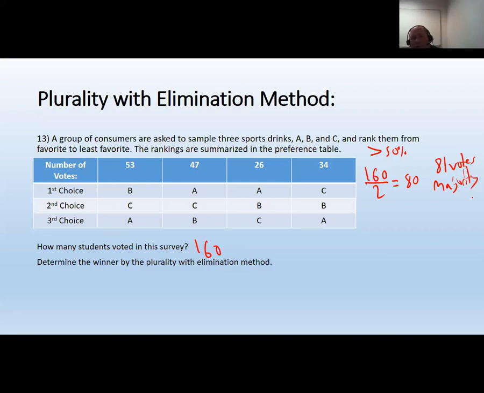In determining the winner by the plurality with elimination method, you basically have to determine at the starting point if any candidate has a majority. Well, A has the most first place votes. How many first place votes does A have?